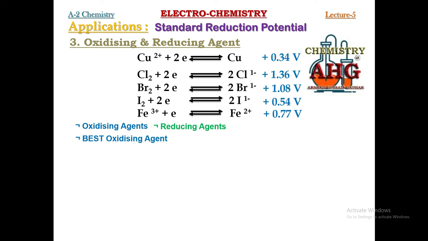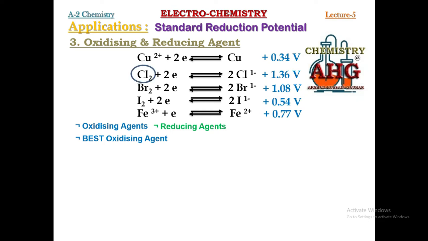Just keep in your mind, an oxidizing agent is the one that undergoes reduction, and the best oxidizing agent is the one that can undergo reduction more easily. More easily means its standard reduction potential must be more positive. It must produce maximum voltage. If you look at these half cells, you can identify quite easily which one is undergoing reduction most easily, giving maximum output. It is chlorine.